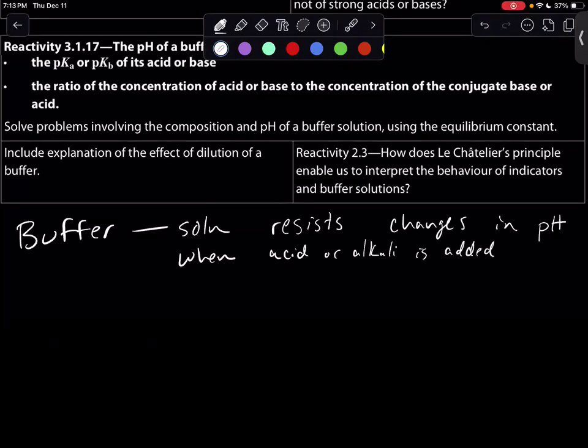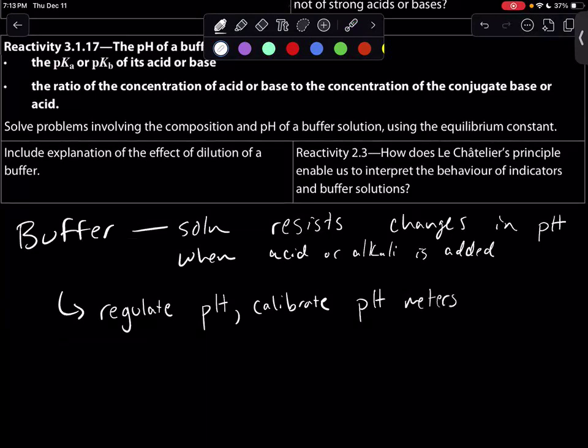So it allows the pH to stay pretty consistent. We can use it to regulate pHs in places where we need to regulate pH. We often use it to calibrate pH sensors or pH meters. So those are pretty good. We can use it for many other things, but this is generally the two I think about.